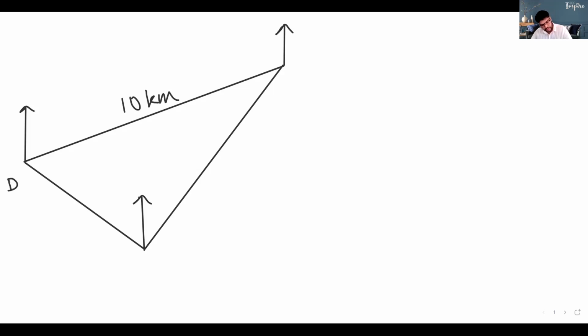This is D. This is E. This is C. This is B. 30 degrees. 300 degrees.